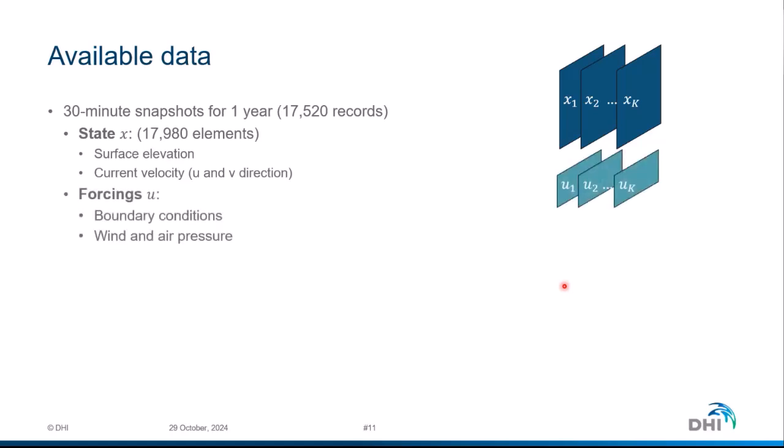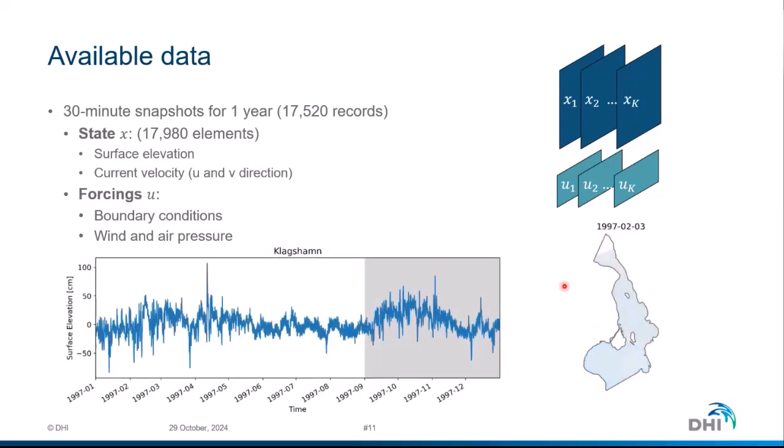We also save the forcings used here, that's the boundary conditions and the wind and air pressure. And we split the data in two parts: 8 months for training the surrogate model and then 4 months at the end of the year to evaluate the performance in our test period.